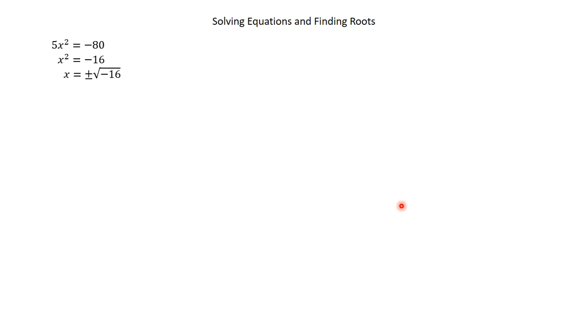That negative will just add an i to it. So you get x equals plus or minus 4i. That's the difference. Was that really any different than just having 5x squared equals 80? Not particularly. So this topic, if you get the last topic, completing the square, this is going to be easy.